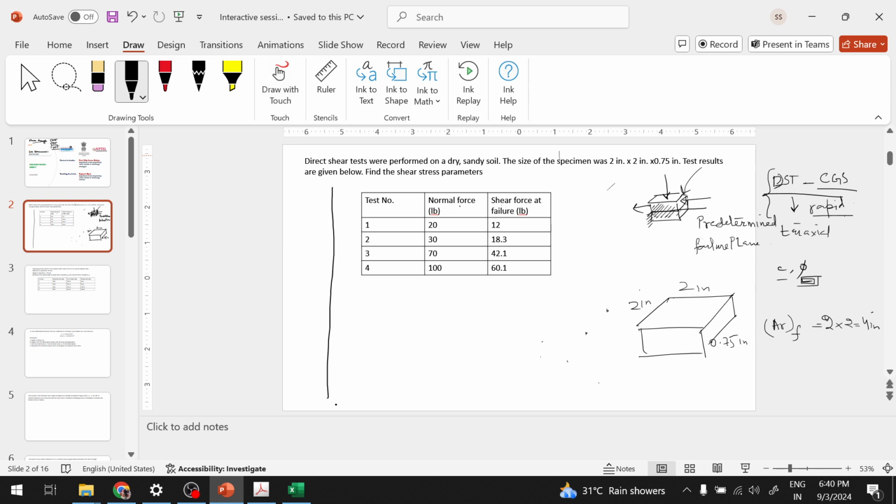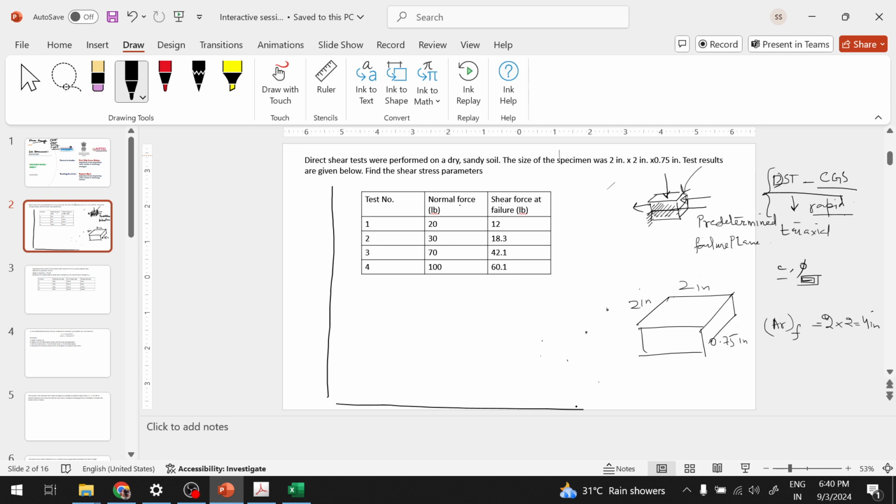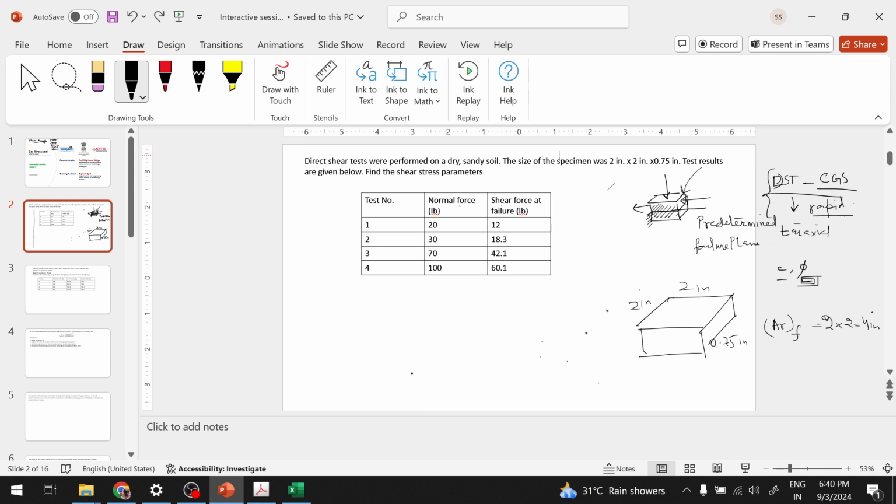So I take this, okay, and I calculate at a particular normal stress and shear stress, at a particular normal stress and shear stress. I have these 2 points. I connect these.